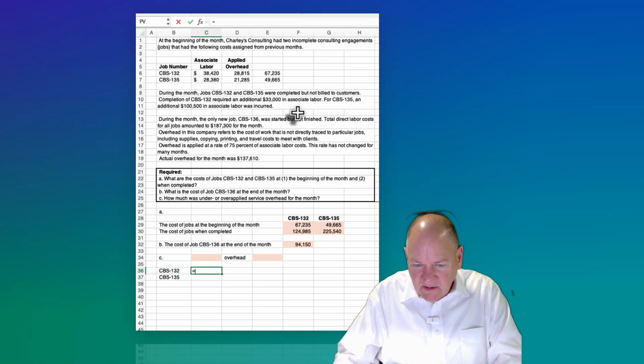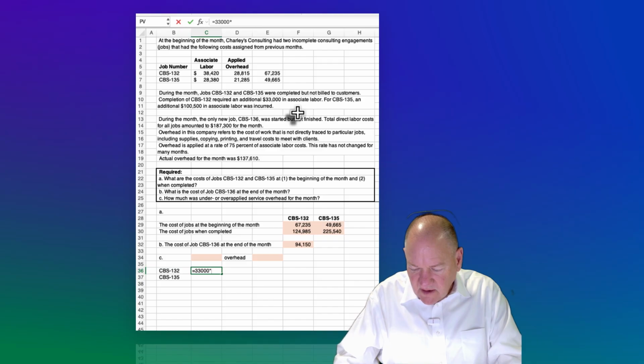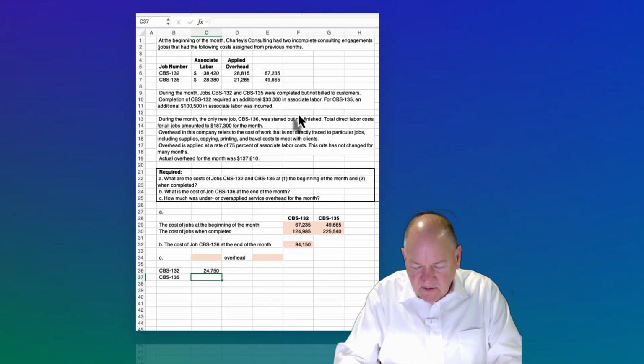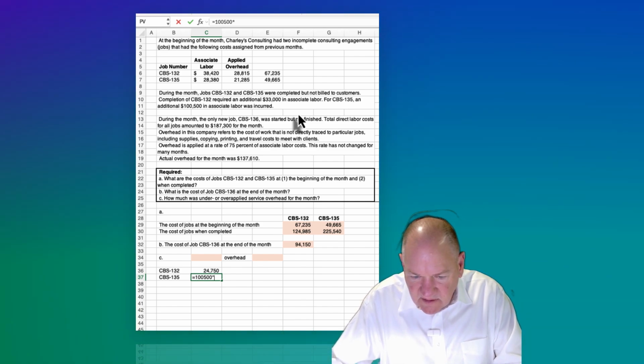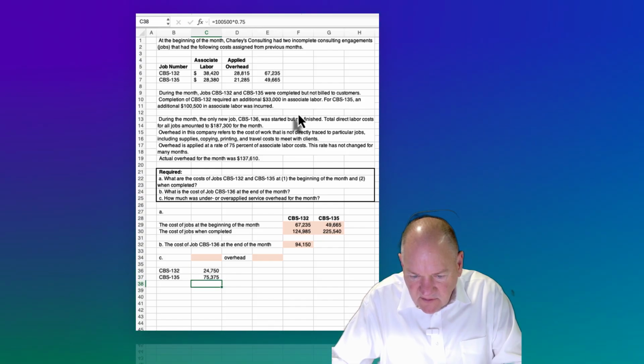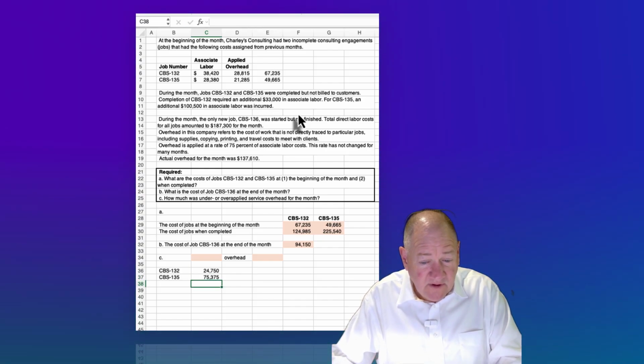So we applied 33,000 times 0.75. I said it right, but I typed it wrong. And then on job 135, we had direct labor cost of 100,500 times 0.75. That was our overhead. So that's our overhead applied for those 2 jobs during the month.